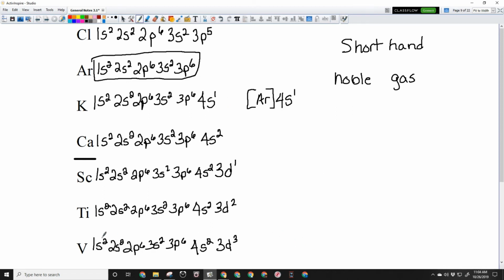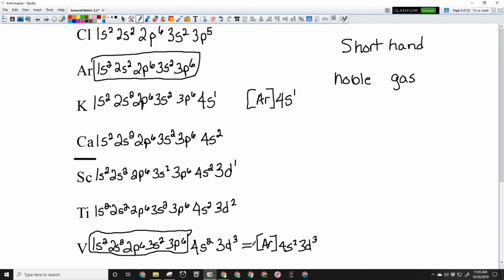Okay, so if I was going to write the noble gas configuration for vanadium down here, instead of writing all of this long configuration, the last noble gas is going to be right here. Okay, so that's going to be argon. So I'd write Ar in brackets, and then 4s2, 3d3.